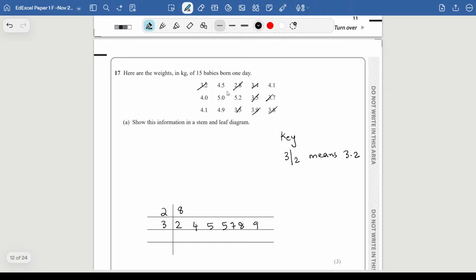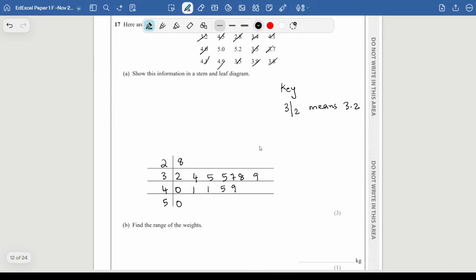What else? Okay, I'm done with 3. Then we have the series for 4, 4.0. Then there are 2 of them for 4.1. Then 4.5 and 4.9. We have 5.0. So we are done with the stem and leaf diagram now.